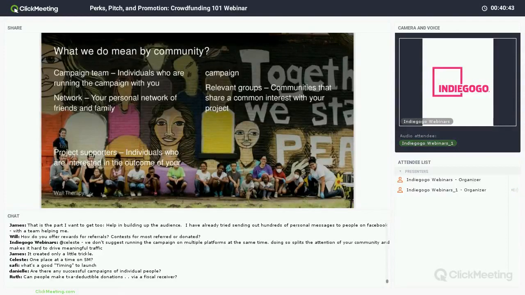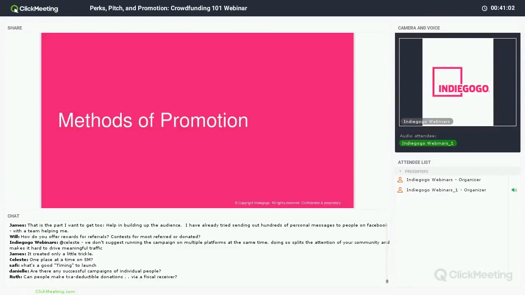And we'll get into more details, but project supporters, again, those are folks that once you do find them, those are people that you will probably be reaching out to via direct email, but also possibly through posting on social media, etc.